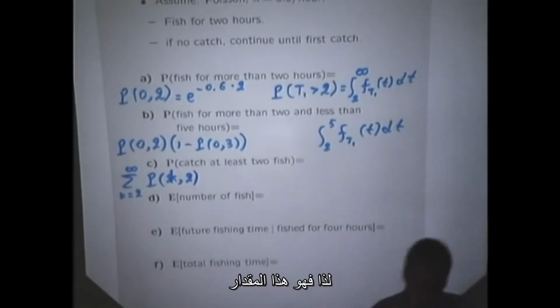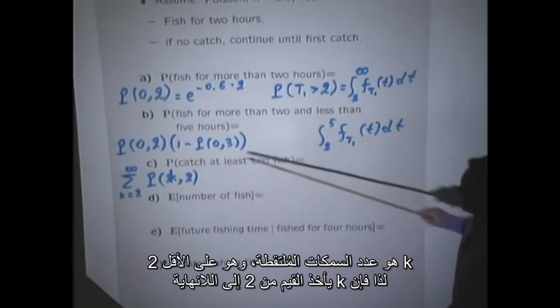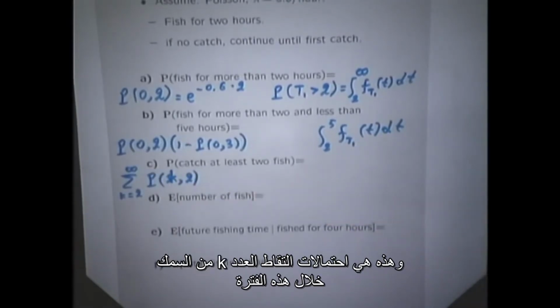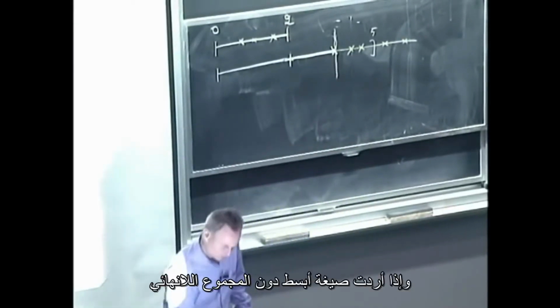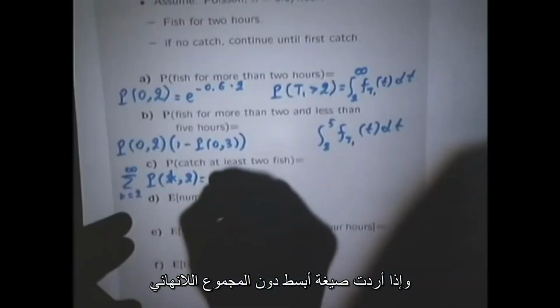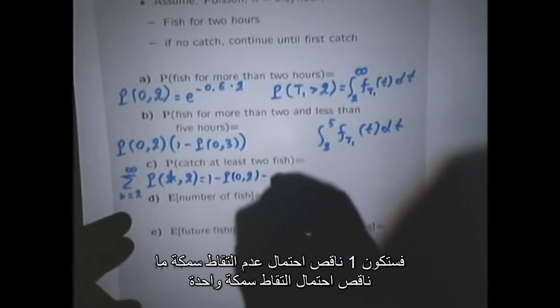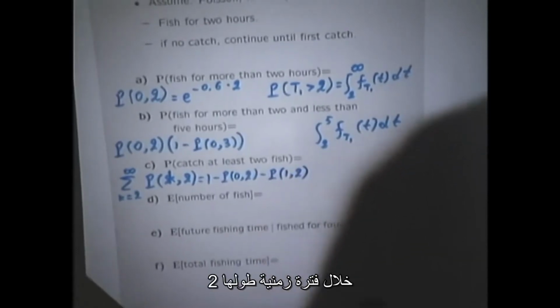So it's this quantity. K is the number of fish that I catch, at least 2, so K goes from 2 to infinity. These are the probabilities of catching a number K of fish during this interval. And if you want a simpler formula without an infinite sum, this would be 1 minus the probability of catching 0 fish minus the probability of catching 1 fish during a time interval of length 2.